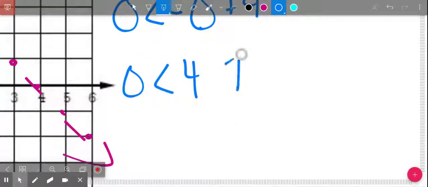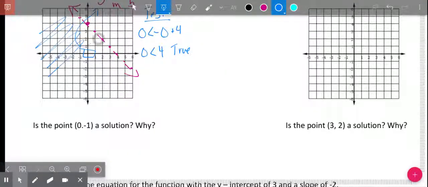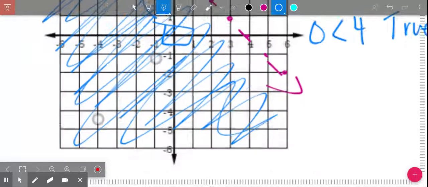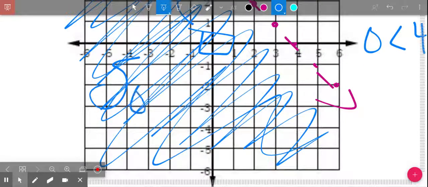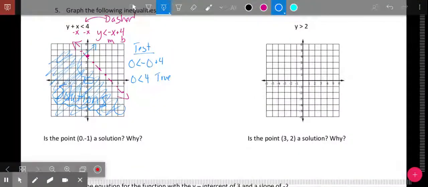Well, 0 is less than 4. That's true. Awesome. So I'm going to shade our true side. So that means this is our solutions. So it's shaded, and then we're going to label it solutions. Smiley face. There we go.